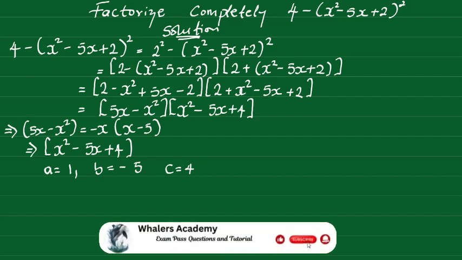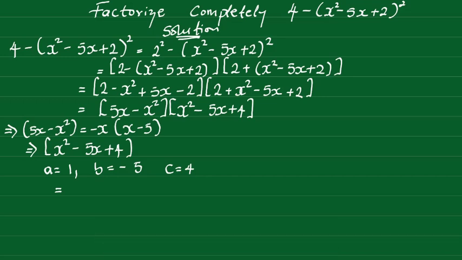Therefore, our expression for the second bracket becomes equal to x squared minus 4x minus x plus 4.